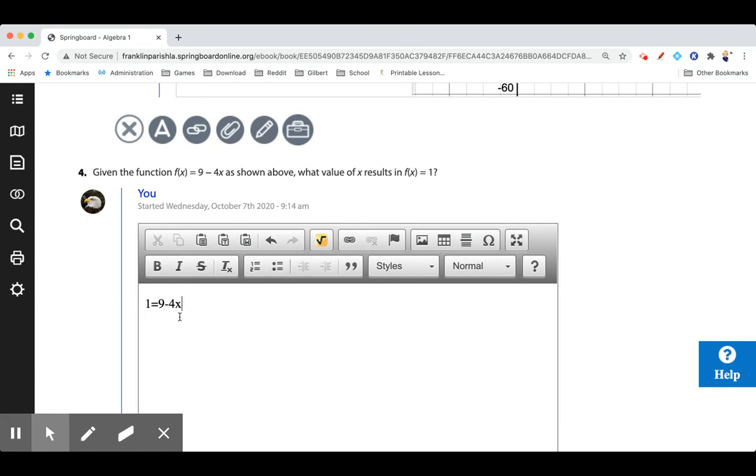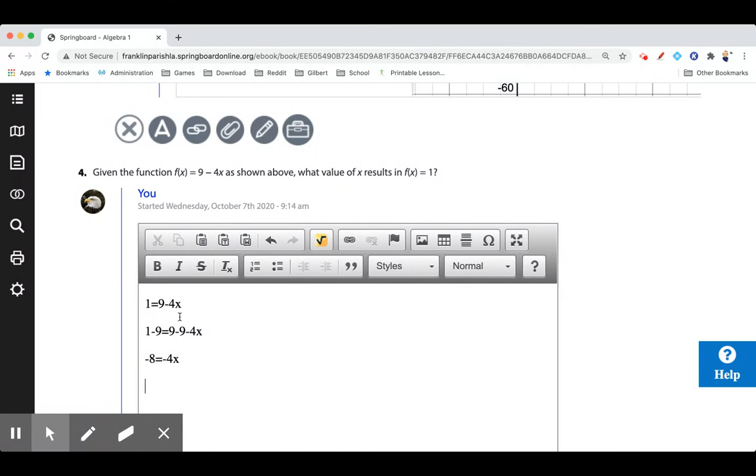And so we need to solve it like we have done many times before. We will need to subtract 9 from both sides. 1 minus 9 will be negative 8. And 9 minus 9 is 0, so we're just left with negative 4x.